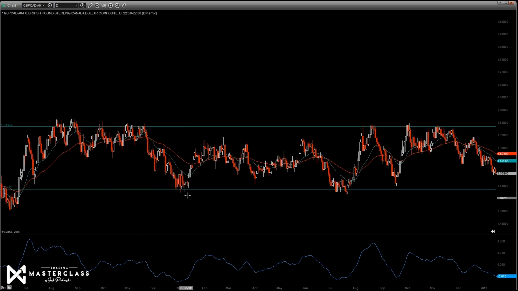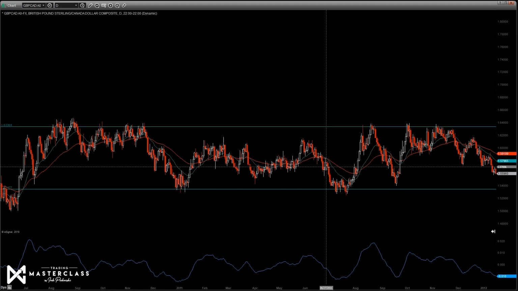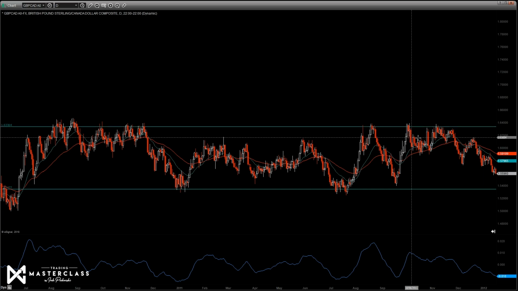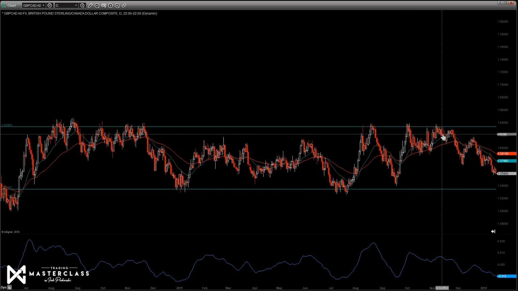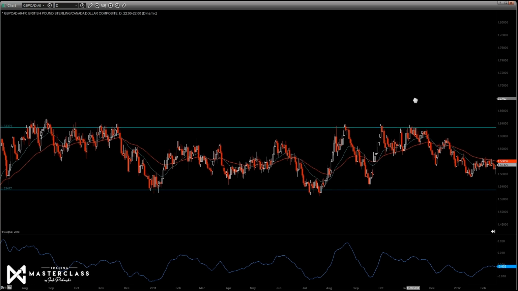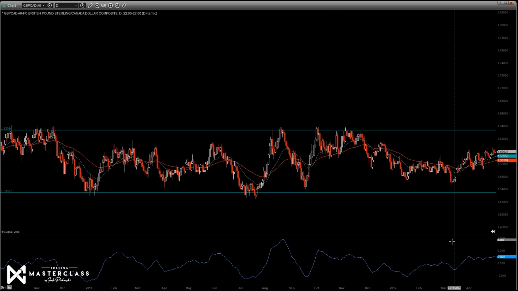It's also got a lot of runs. So we got a run to the top of the range, then a run to the bottom of the range, and a run to the top of the range, and then consolidation, just random price action. So that's what you need to be familiar with: in ranging markets, we typically go to the bottom and to the top. And with that said, that is kind of it.